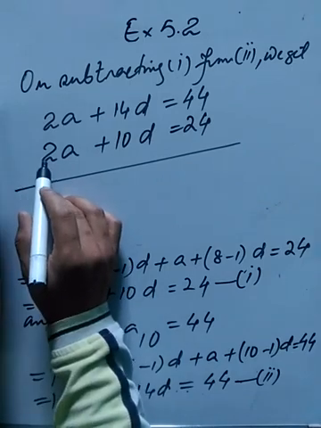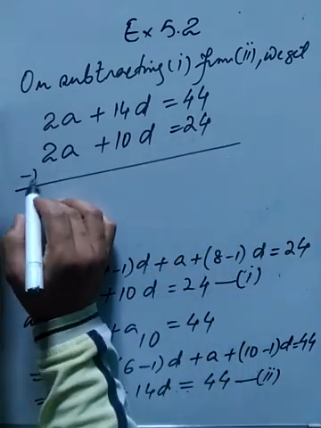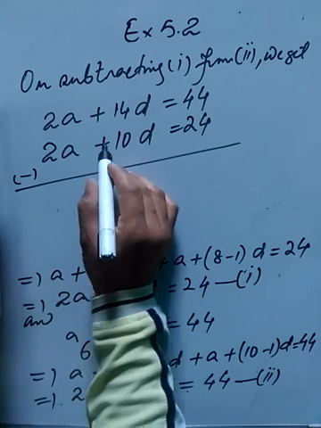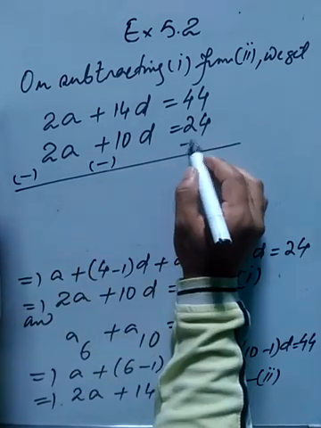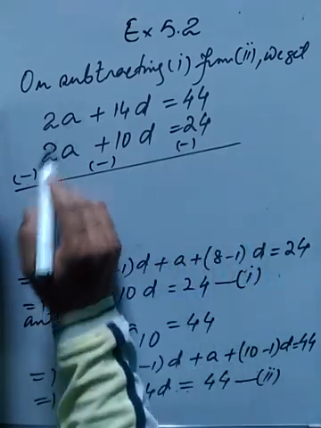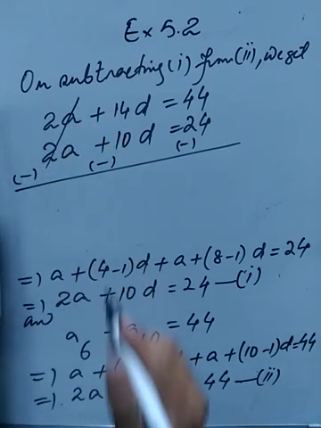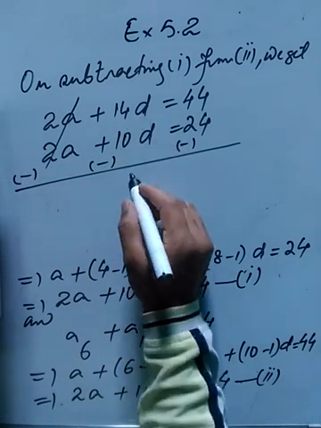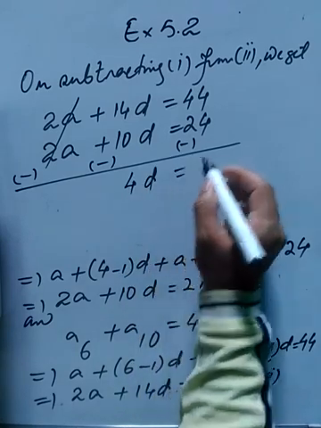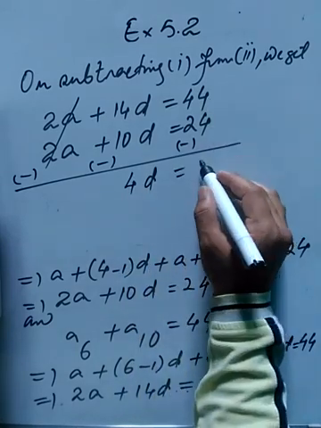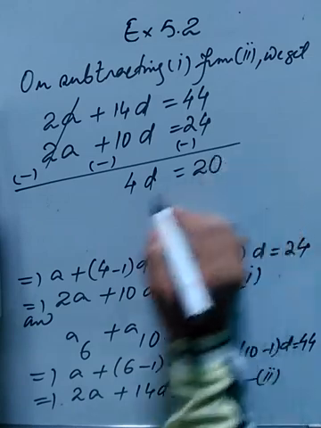Now subtraction, so I have to multiply by a minus sign. Minus into plus is minus. So twice a and minus twice a, we get 0. That means they cancel. 14d minus 10d is 4d. 44 minus 24 is 20.